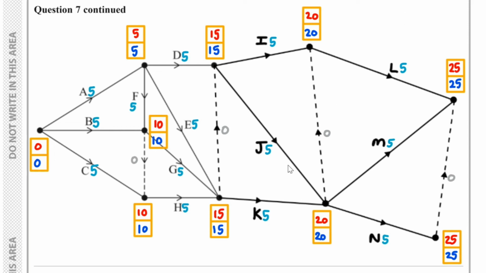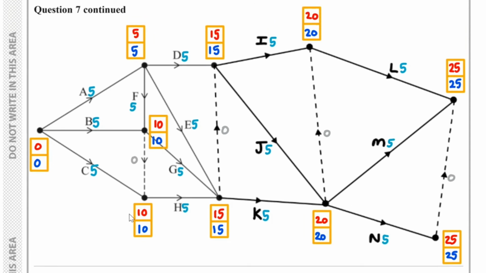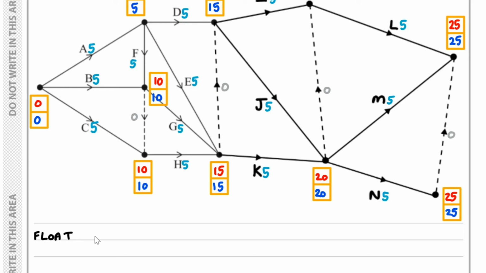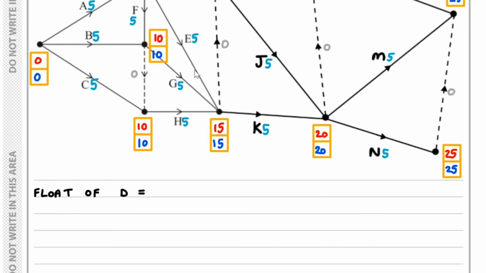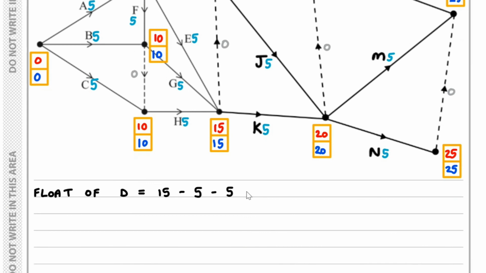So here I've created forward and backward passes, and if I take a look at the activity D, the float of D, that's equal to this 15, take away the duration, which is 5, take away the 5 over here. 15 take away 10 is 5.